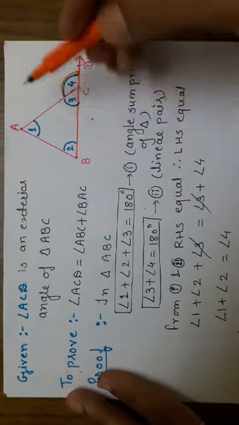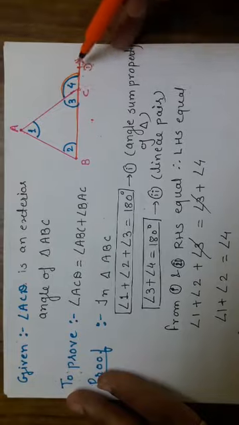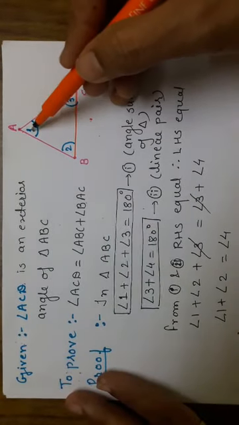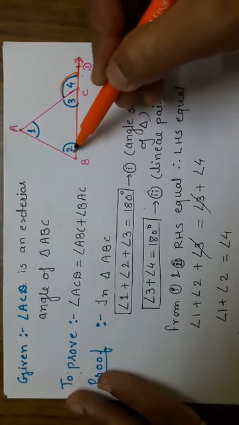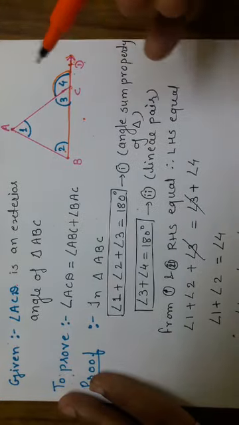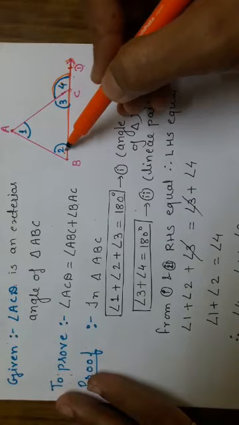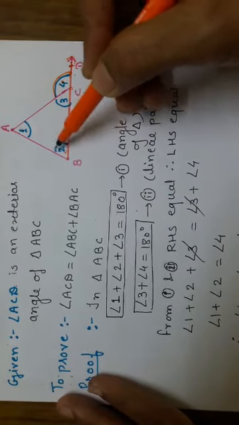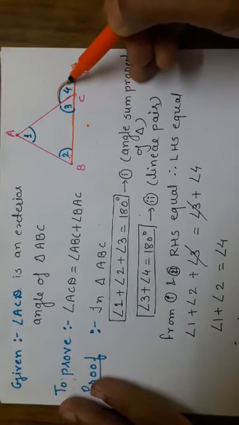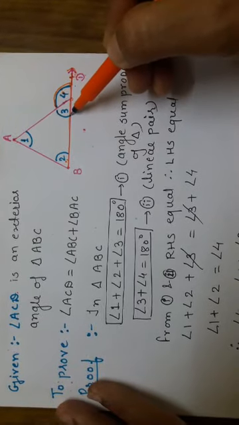We have to show that angle ACD is equal to angle A plus angle B. Now this is called an exterior angle, and these angles are called opposite interior angles, because this exterior angle's adjacent angle is angle 3.